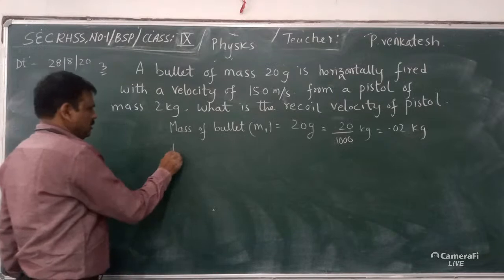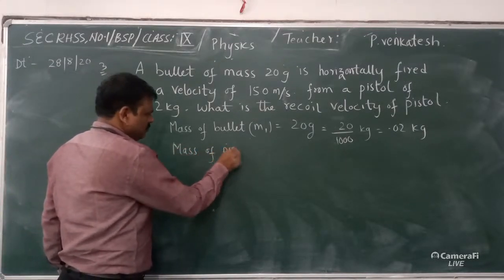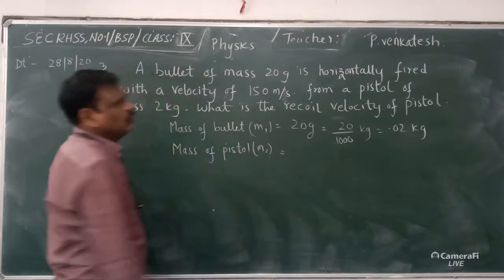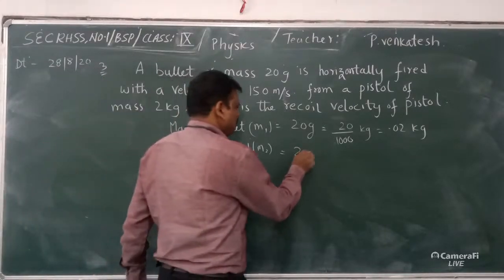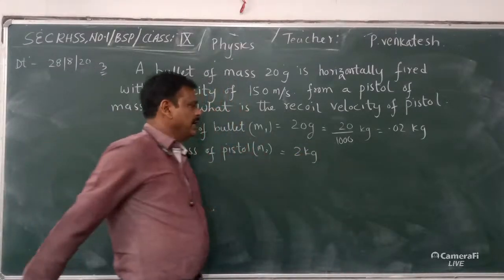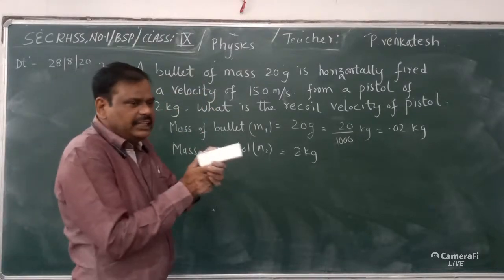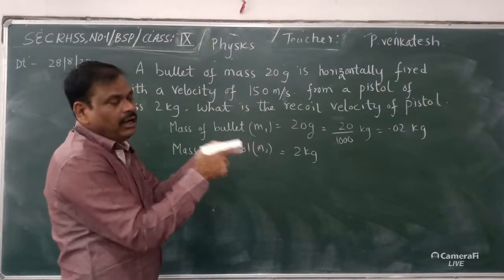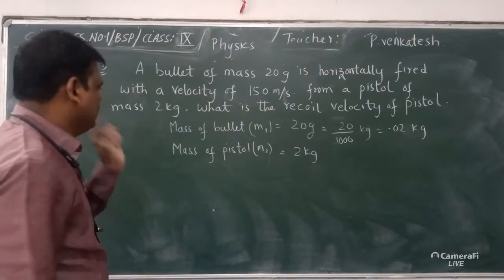Mass of the pistol, M2, is given as 2 kg. When you hold a pistol in this way, the initial velocity of the bullet as well as the initial velocity of the pistol will be zero.